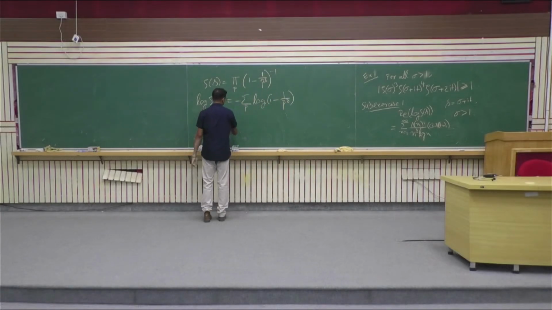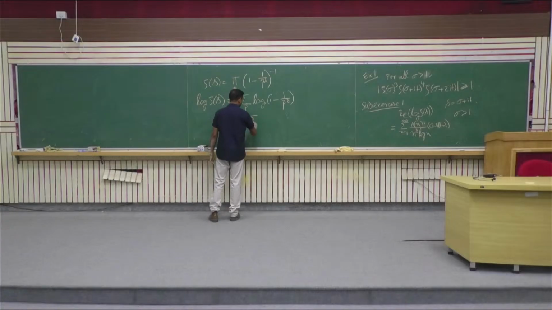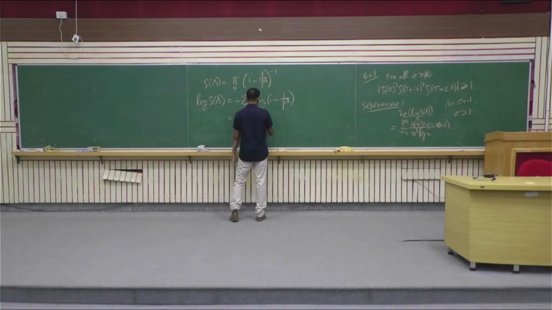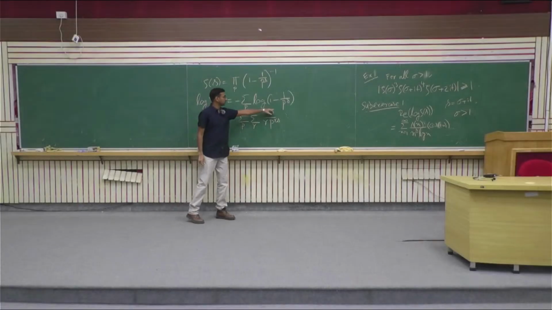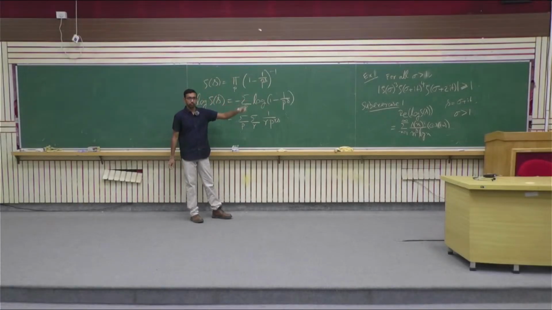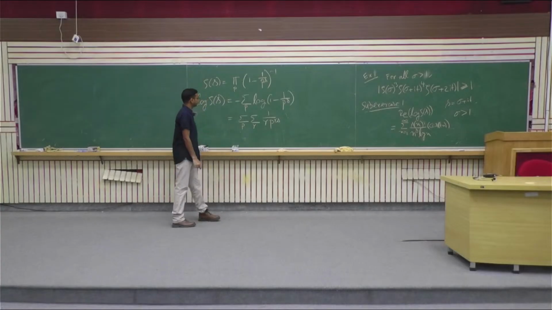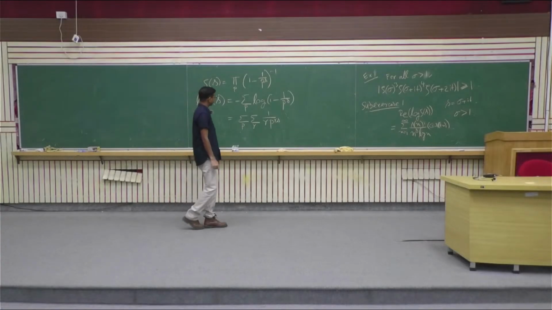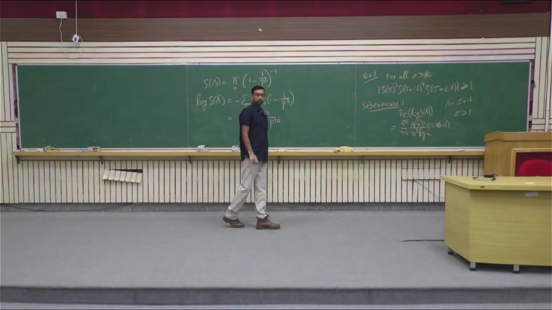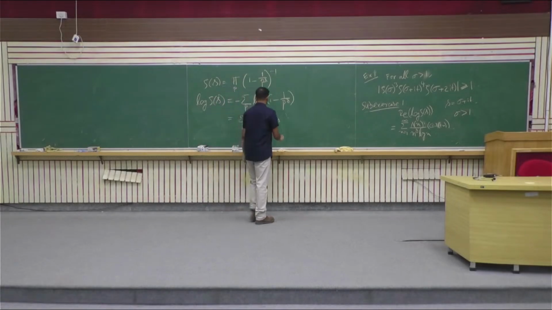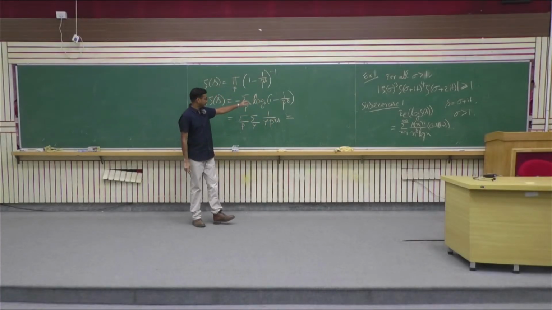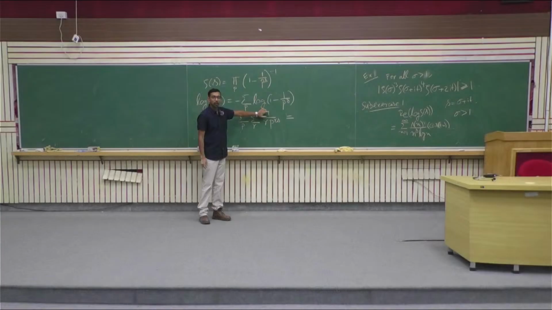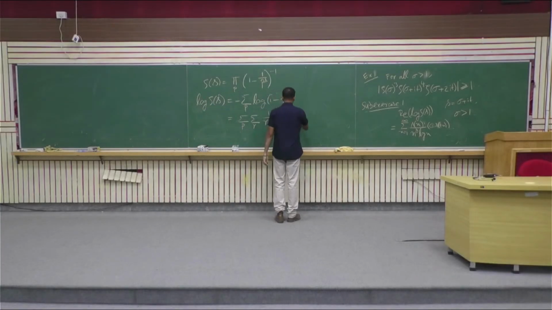Now if you expand this, you get sum over p, sum over r, and inside you get 1 by r p power rs. All the terms in this expression are negative, so this minus 1 just goes in and they become positive. Now we would like to write it in terms of the von Mangoldt function. So the von Mangoldt function requires a log p there, so let's bring that in first.